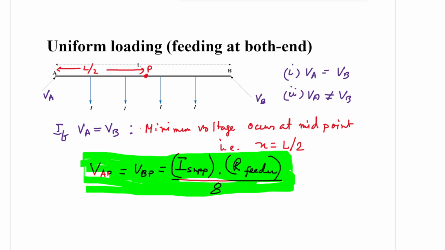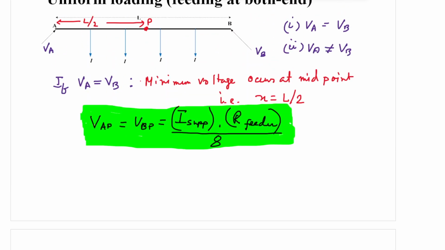Now let us consider the second case. If VA is not equal to VB, then what will happen?